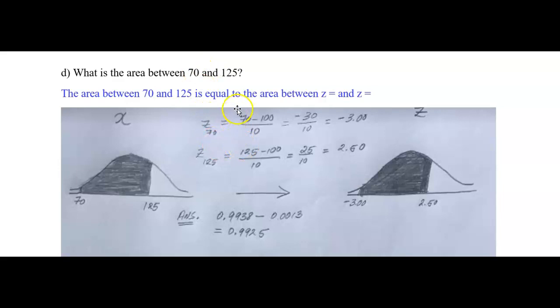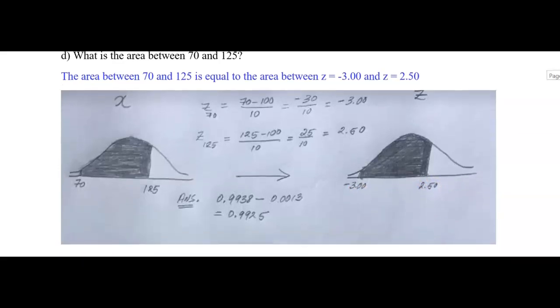So 70 has a z-score of negative 3.00, and 125 has a z-score of 2.50. So the area between 70 and 125 is going to be equal to the area between the two z-scores: 70 corresponds to negative 3, and 125 corresponds to 2.50.